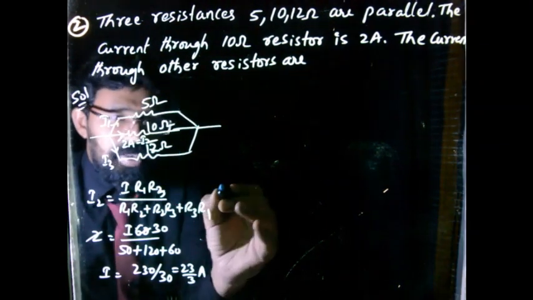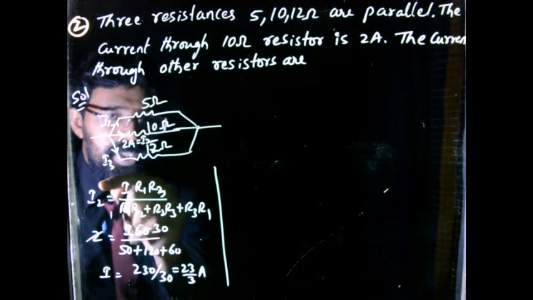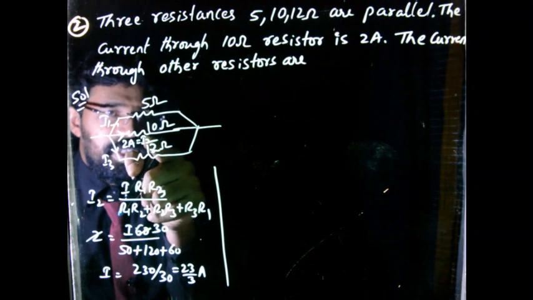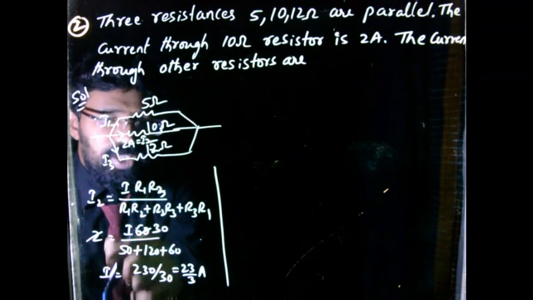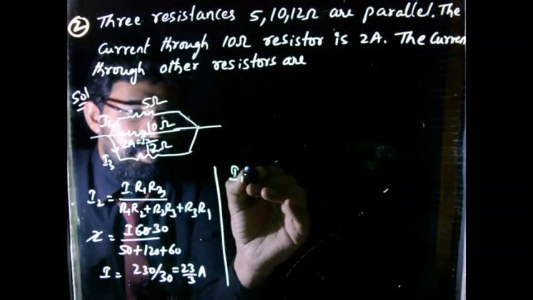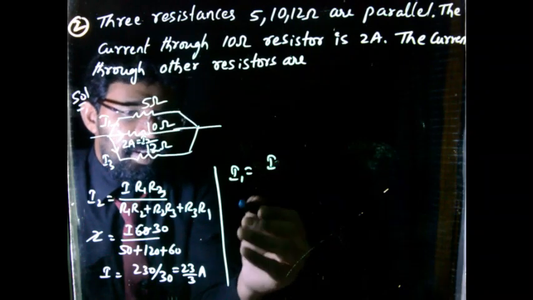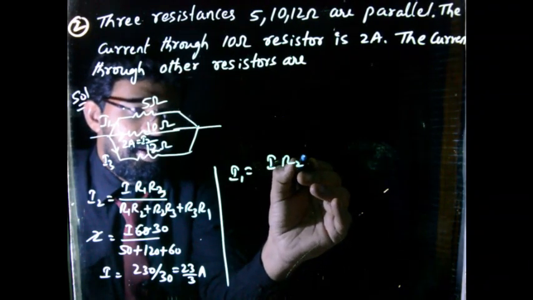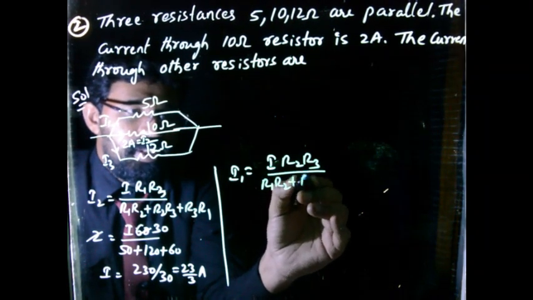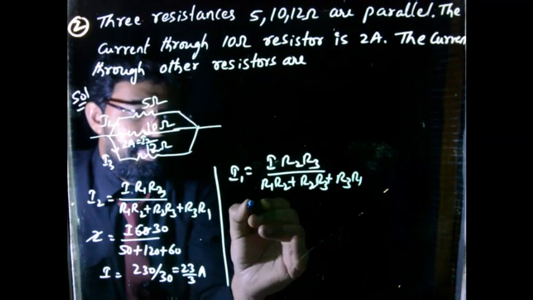Now let us find out what I1 is, because when I write the equation for I1, there in the numerator I will be there, the total current in the circuit. So with the help of data given related to the 10 ohm resistance, we were able to find out what I is. I comes out to be 23 by 3 amperes. Let us find out I1. So I1 is equal to I into, if I1 is given in the numerator, R1 will be missing. So you will have R2 R3 by, and in the denominator R1 R2 plus R2 R3 plus R3 R1.